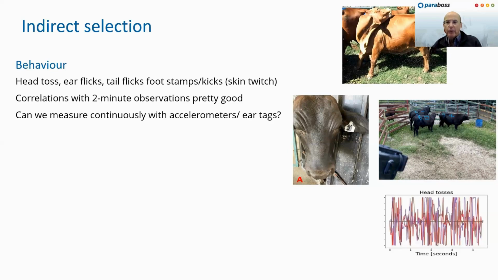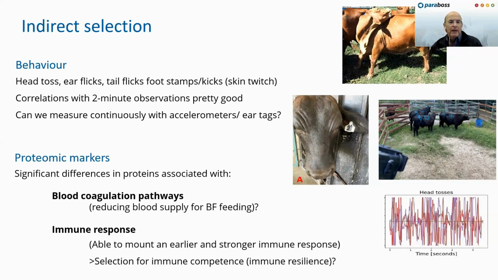We get an output here, and now we're sorting through all of that huge amount of data, trying to use the patterns in these outputs to identify the differences in behaviour between animals. That's ongoing work.